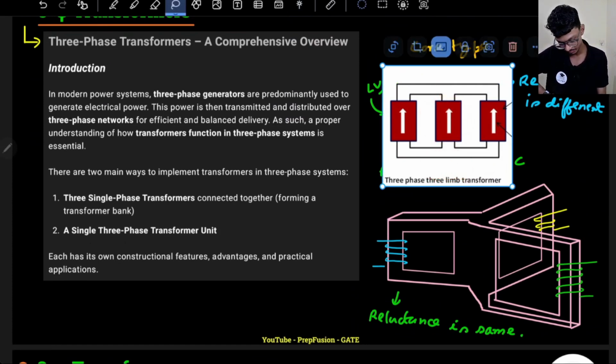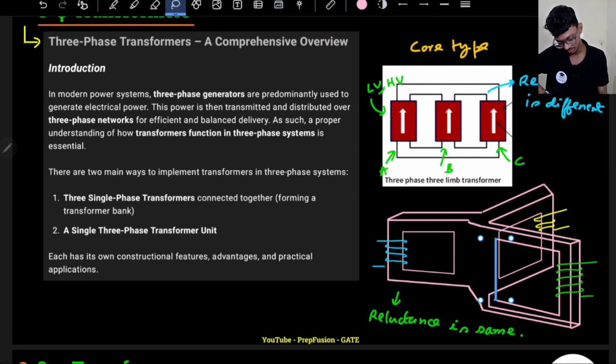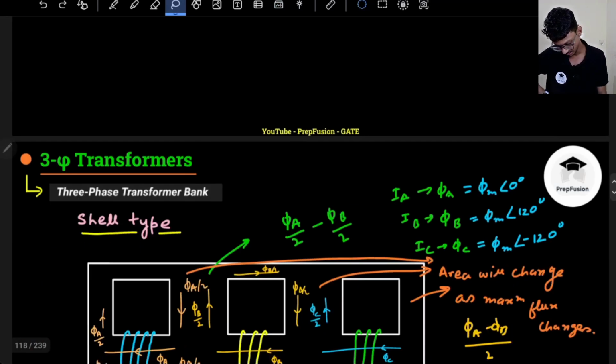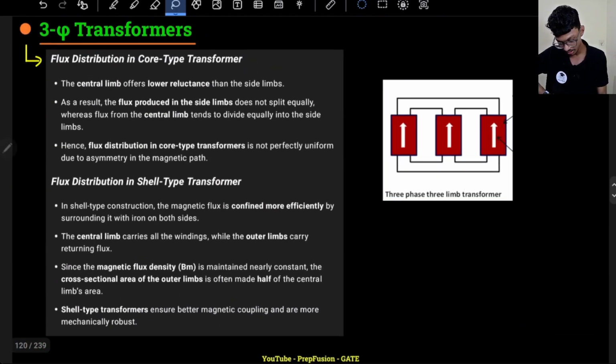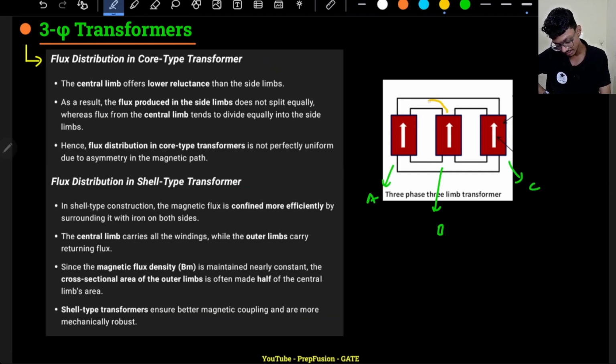So this is the core type transformer, the first lecture. If I have phase A here, phase B here, and phase C here, from the central limb the flux is getting distributed equally. There is no problem with that.